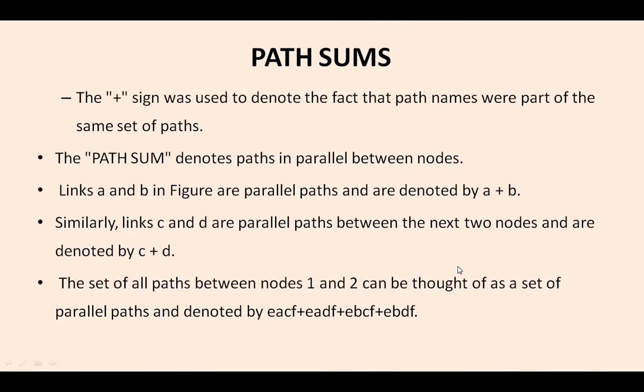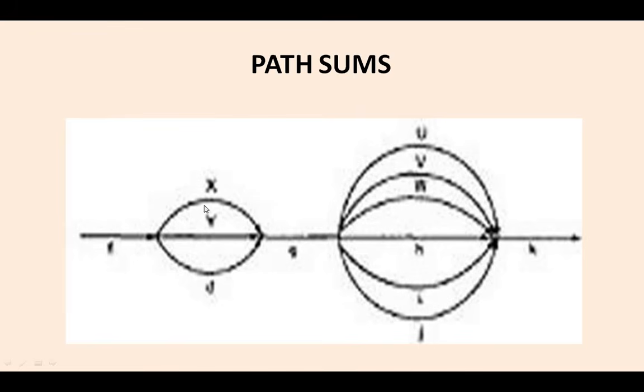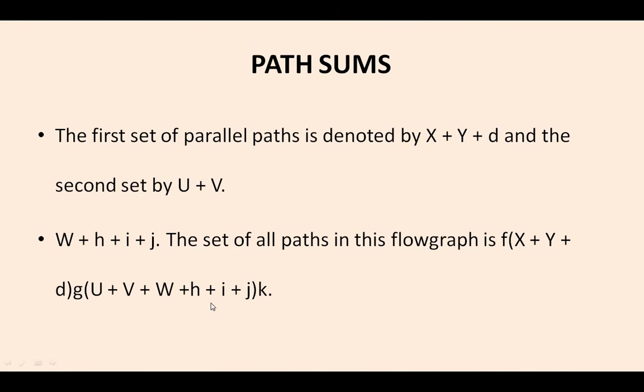Now, the entire expression of this graph can be represented as f, it is f actually, it starts from f, into x plus y plus d, into g, into u plus v plus w plus h plus i plus j, into k. Like this it can be represented. So this is regarded as the path sum. This example is treated as the path sum.